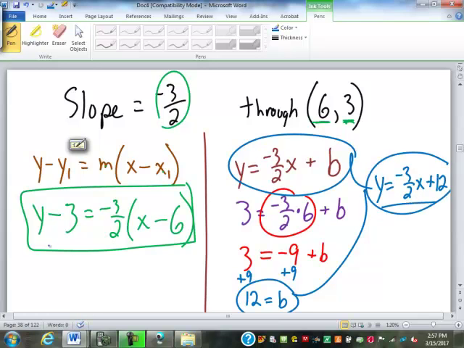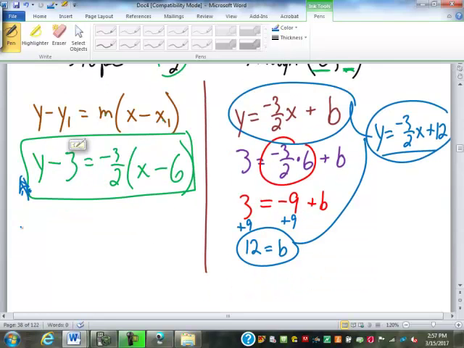Well, let's show that this equation here is the same as that. To do that, I've got the parentheses here with the negative 3/2 outside. I'm going to multiply by the negative 3/2. So negative 3/2 times x is negative 3/2 x.